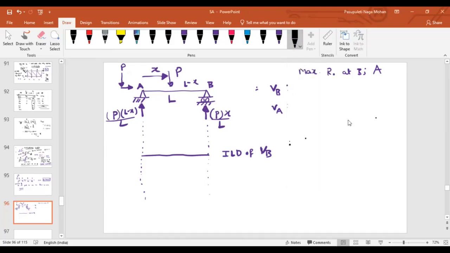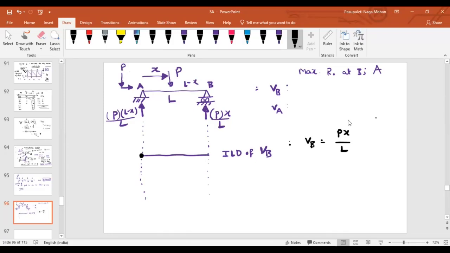So my reaction at B is nothing but Px by L. Now, if my load is at point A, imagine if my load is at point A, what is the reaction at B?